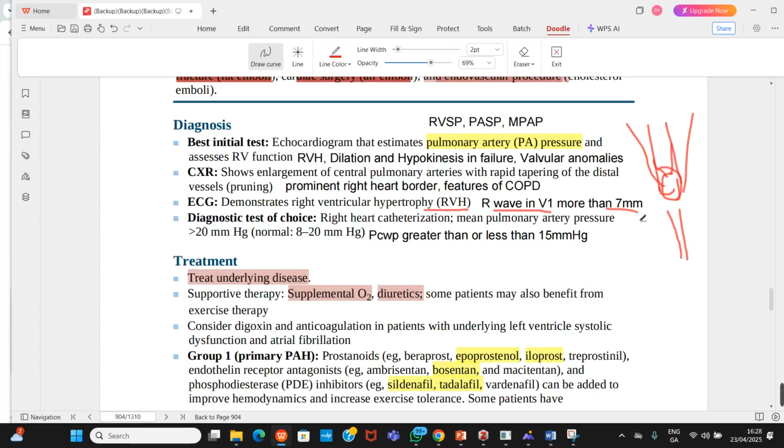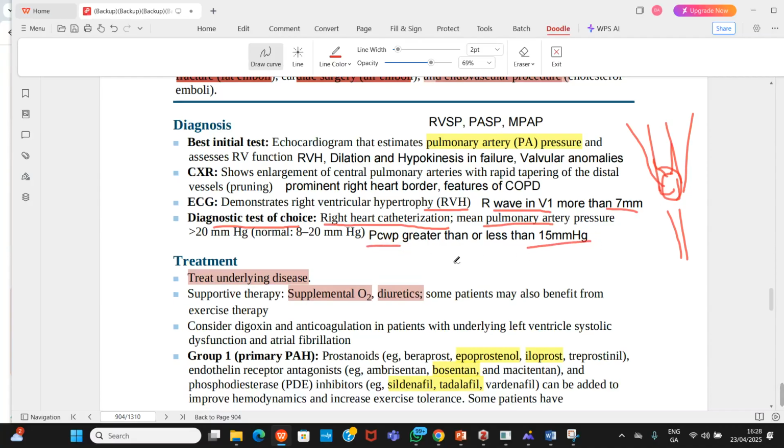There will be resistance to blood flow because of the increased afterload. So the central ones are going to be enlarged, while the distal ones will be tiny because of reduced blood flow to them. So there's distal tapering of the vessel. That's what we call pruning.